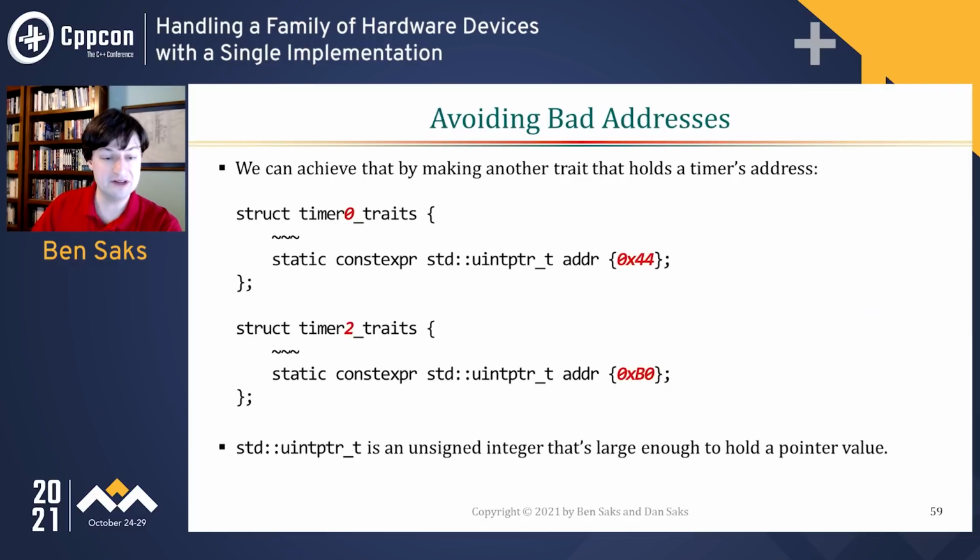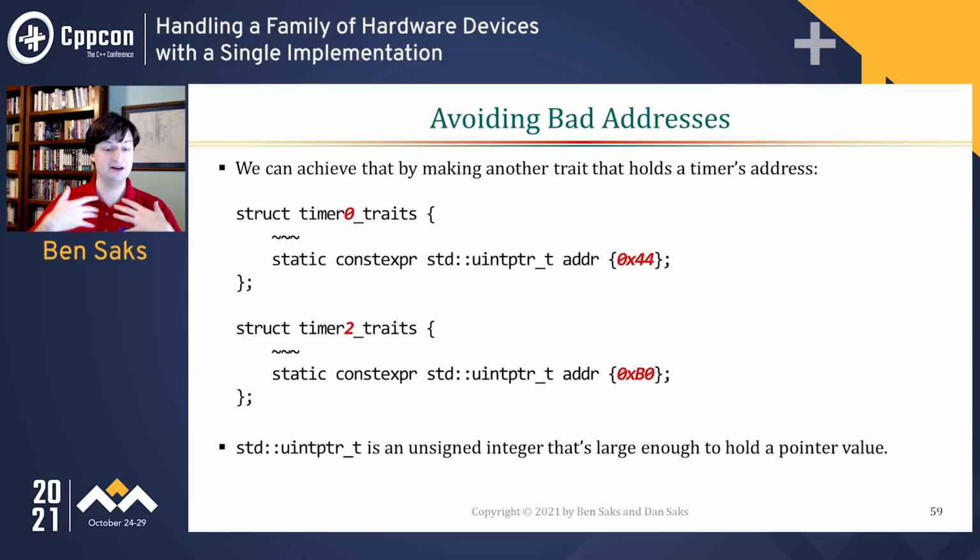So we can do that by adding a third trait to our traits types that represents the address at which the timers are located. So hex 44 for timer 0, hex B0 for timer 2. These are, again, our static data members, constants that just represent the address of the timer. std::uintptr_t here is a type that is an unsigned integer that's big enough to hold a pointer value.